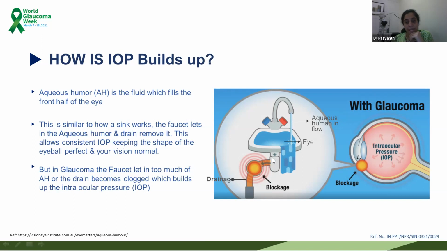If the drain is blocked or clogged by any particles, the fluid remains within the sink, and this is similar to the eye. The fluid inside the eye gets accumulated when there is a blockage in the drain, like the drain of the sink. When it is blocked, you have more fluid inside the eye.